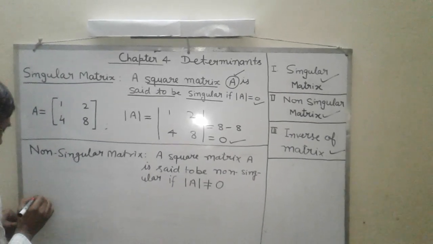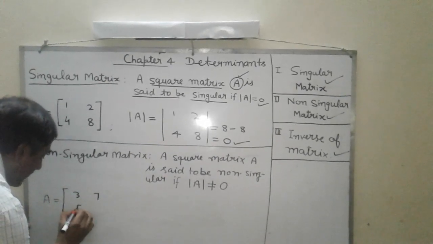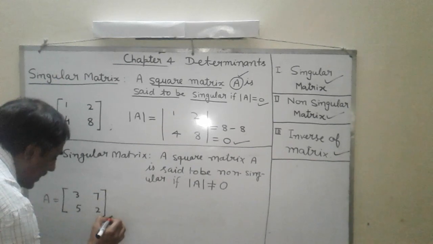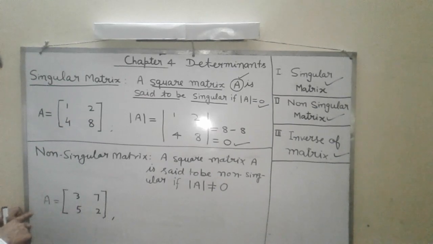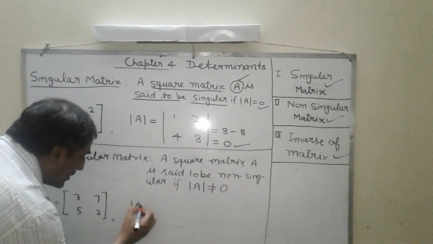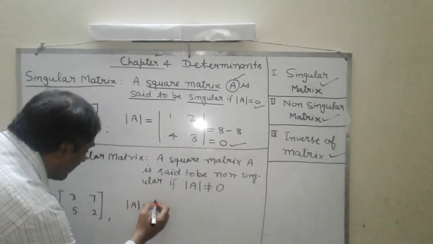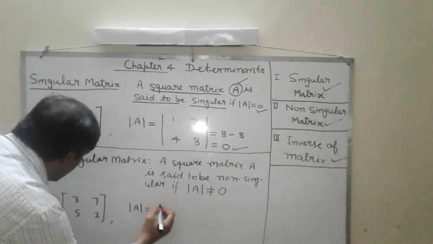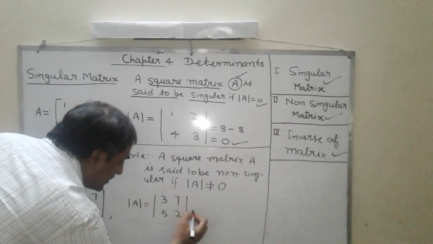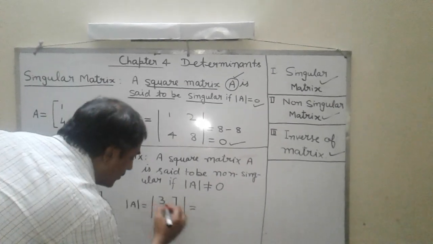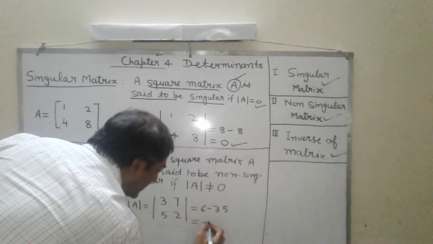For example, let A be the matrix with rows 3, 7 and 5, 2. If you find the value of the determinant of the given matrix, determinant A = |3 7; 5 2|, which is equal to 2 into 3 is 6, minus 35, which is equal to minus 29.